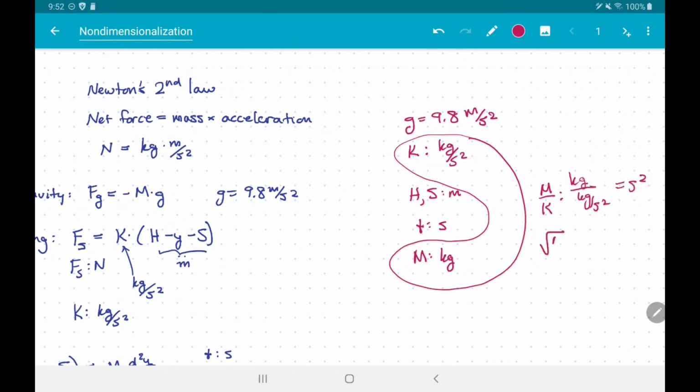And so then the square root of that will come out in seconds. I've generally been using the colon to indicate units. And so that indicates that this is some kind of characteristic time scale. And if you work it out, that is indeed a characteristic time scale for this system that is related to the period.